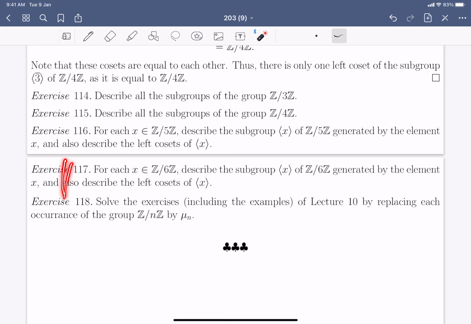Describe all the subgroups of the group Z mod 3Z, and then work on the same problem for the group Z mod 4Z. Try exercises 116 and 117, which are similar to the exercises that we have been discussing today. Okay, let me conclude here.